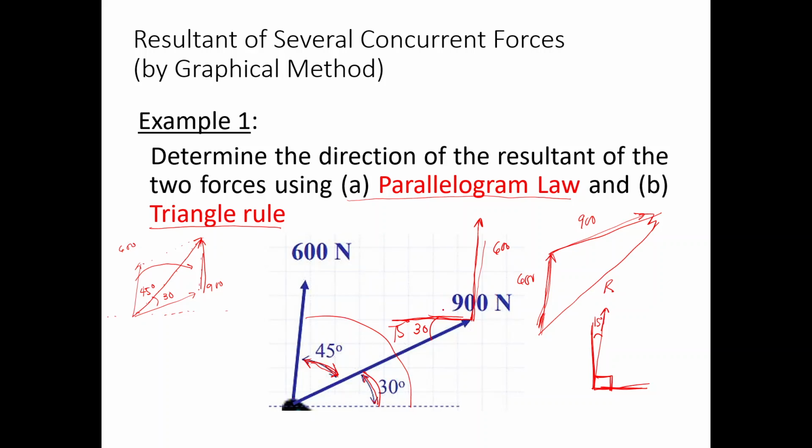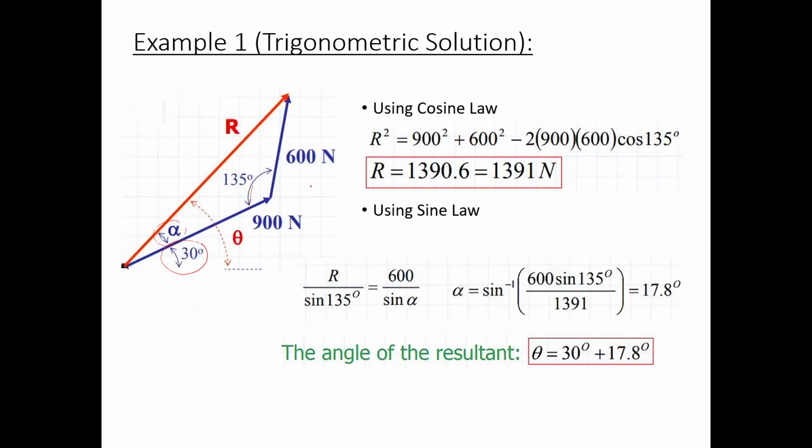Plus 90 degrees, then plus the remaining 15 degrees here. So that's 30 plus 90 plus 15, so you have 135 degrees. That's why you have 135 here.